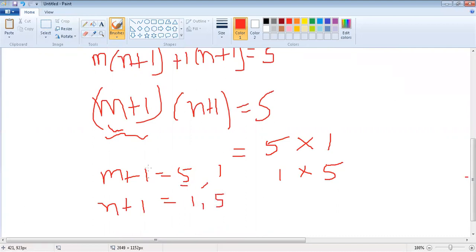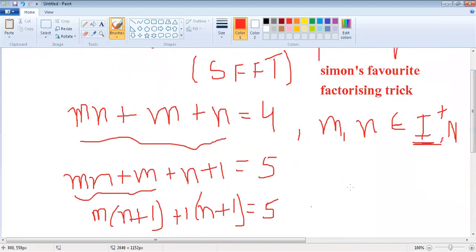If this was the case, m would be 4 and n would be 0, so not possible. Again, if this would have been the case, m would be 0 and n would be 4, not possible. So we can clearly say there are 0 solutions in total. So this equation has no solution. So these were the two tricks I taught you, and I want you all to practice these tricks on the problems that will follow.